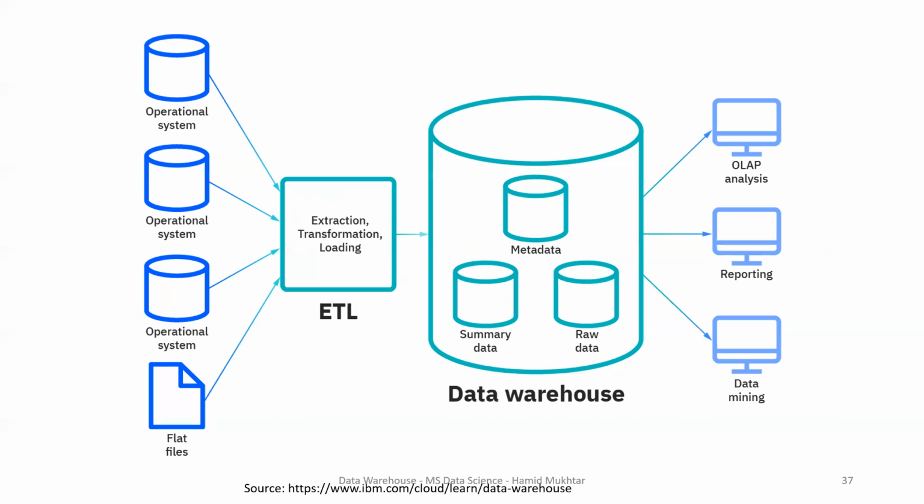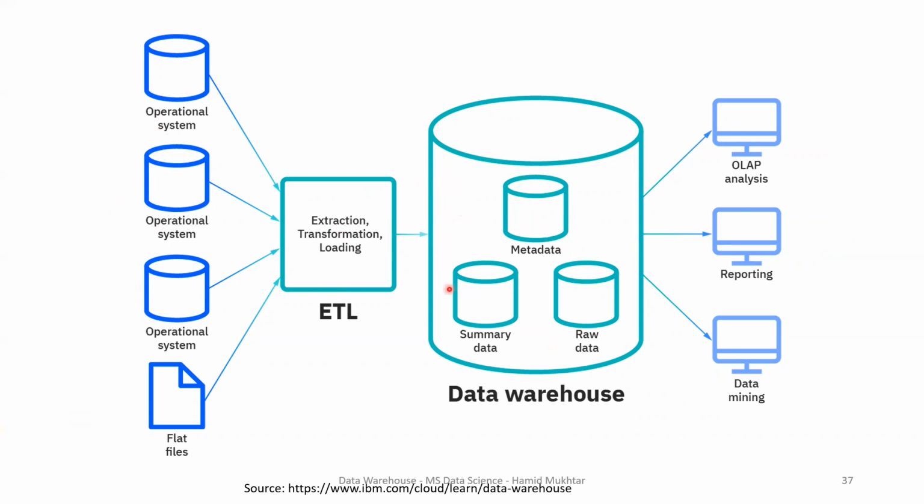Then there is this data warehouse in the middle, which is the server. The server gets the data from different sources on the left. Let me enable this laser pointer. So different sources, after the ETL or ELT process, go into the data warehouse server.